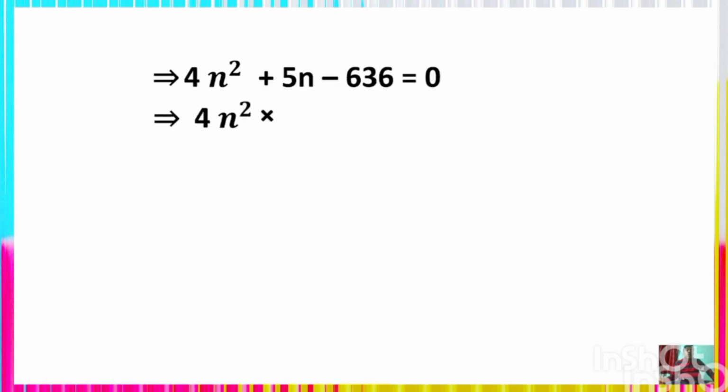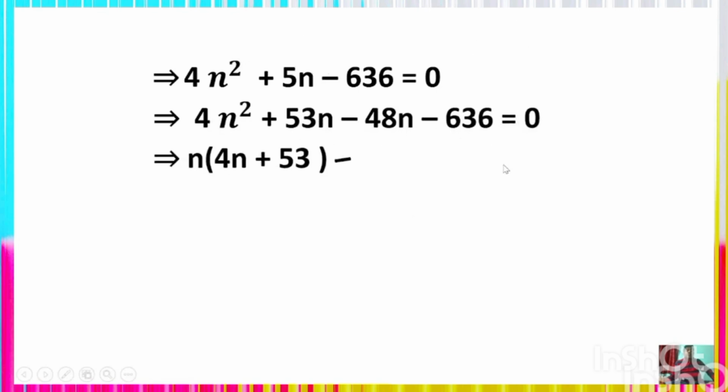Thus we get a quadratic equation in the variable n, and we have to solve it by the middle term splitting method, which is 4n square plus 53n minus 48n minus 636 is equal to 0. After taking the common factor n from the first two terms we shall get n whole into (4n plus 53).